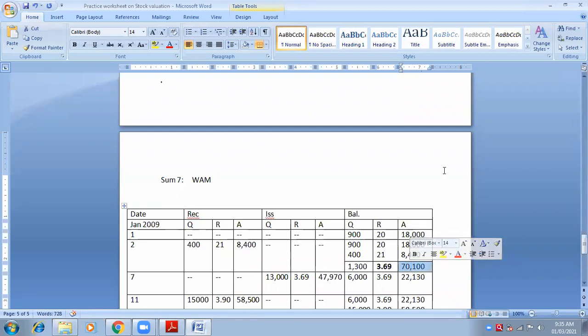What is the total amount after addition? 18,000 plus 8,400 is 26,400. 26,400 divided by 1,300, so you will find the rate of the weighted average method: 20.31.